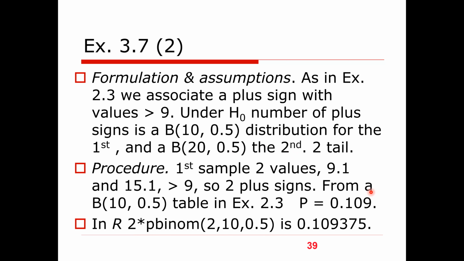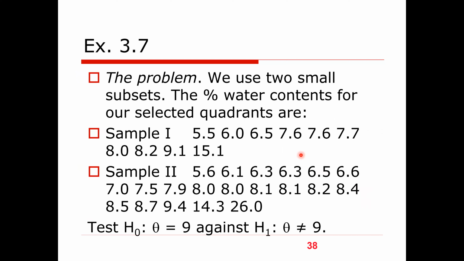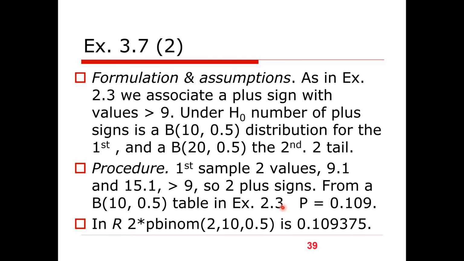For the first sample, only two values exceed 9: 1.9 slightly exceeds 9, and 15.1 exceeds 9. So we have two plus signs.